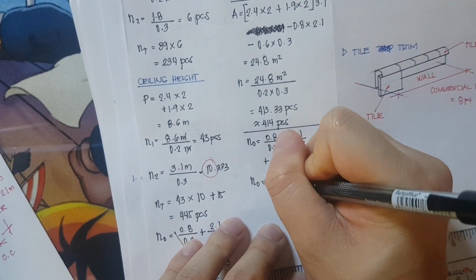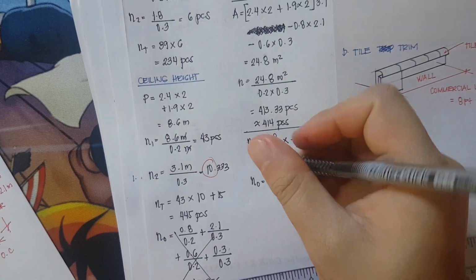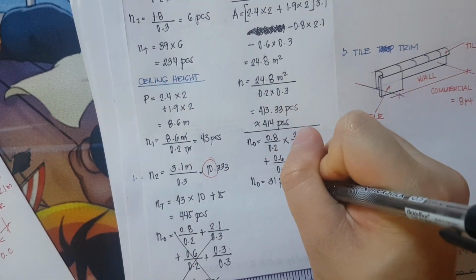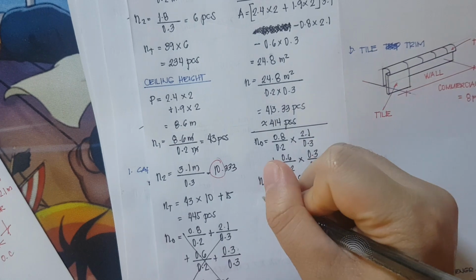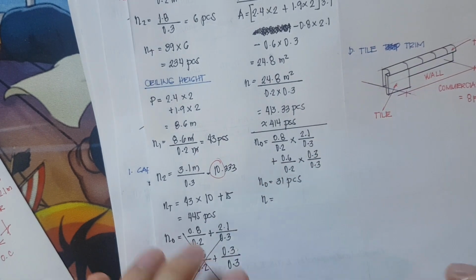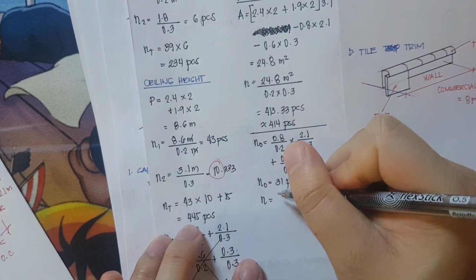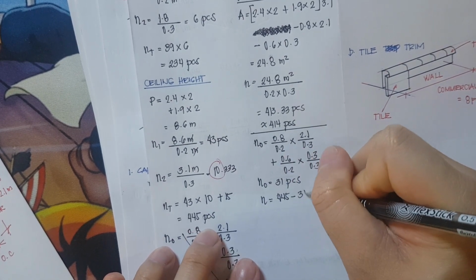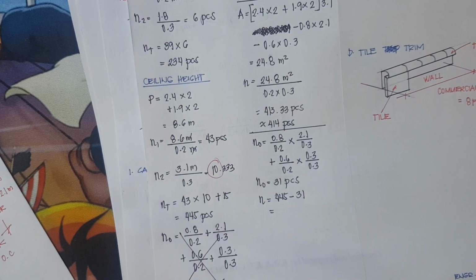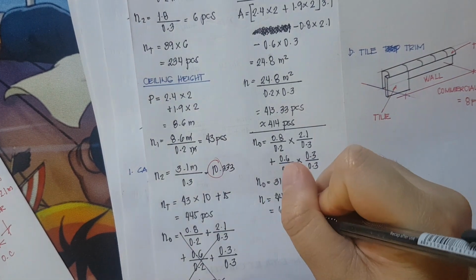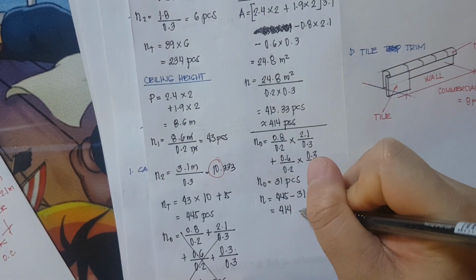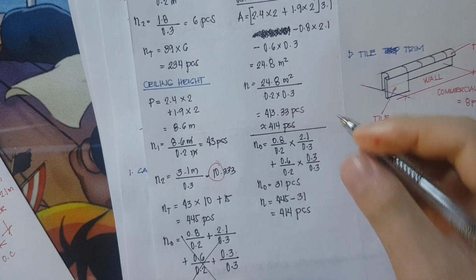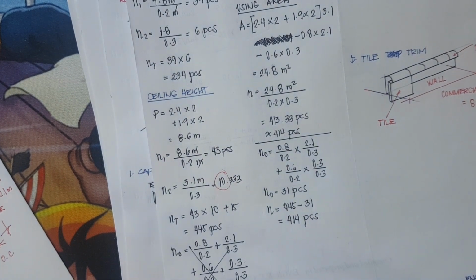NO is equivalent to 31 pieces. Therefore, N is equivalent to 445 minus 31. And that is equivalent to 414 pieces. Okay?